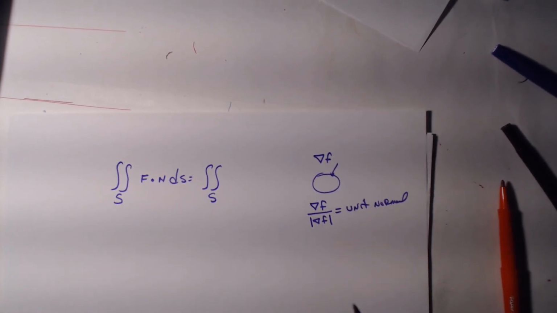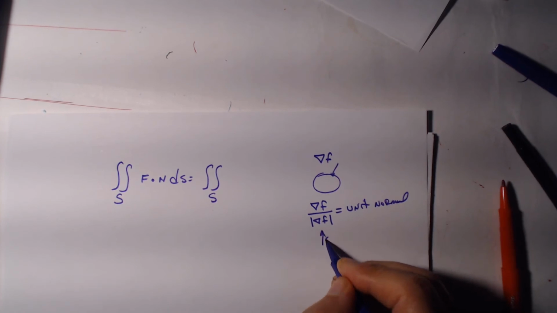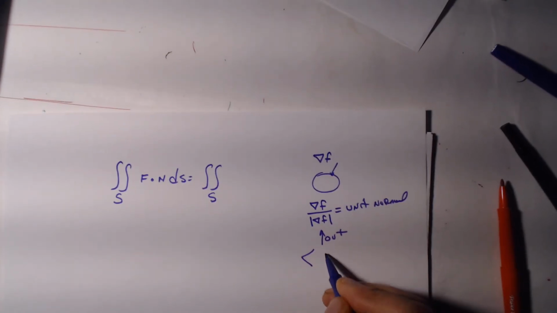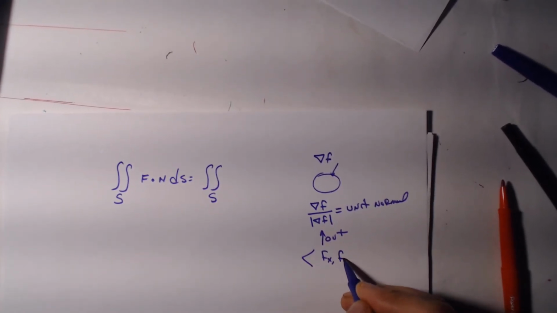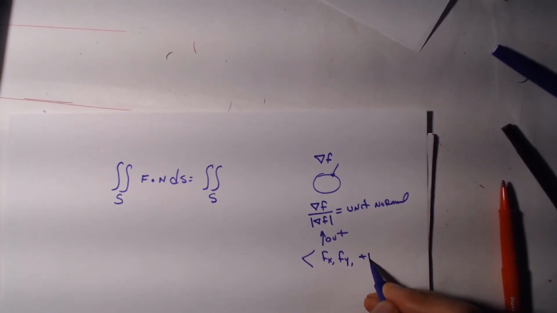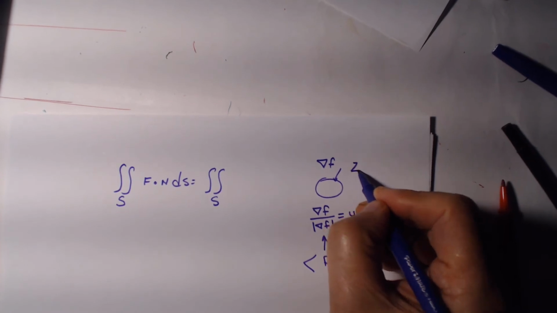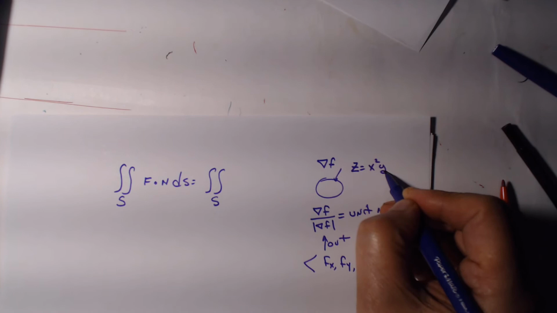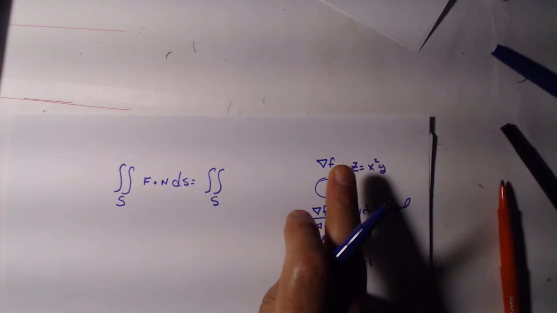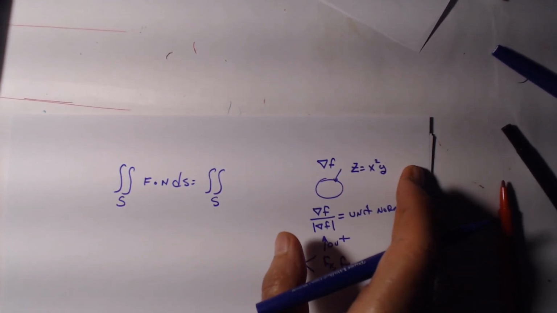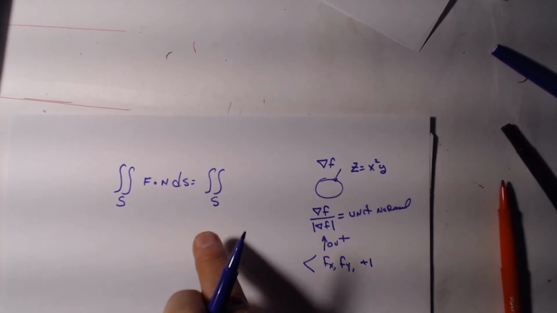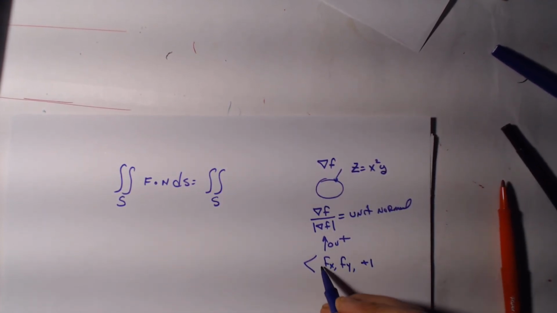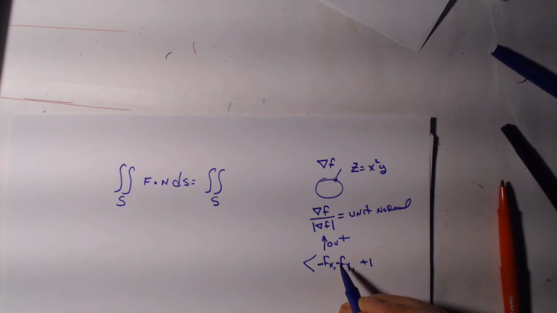And somebody said, what happens if it's flux out? Therefore, you have the partial derivative with respect to x, the partial derivative with respect to y, but this has to become a plus. Therefore, if your function is z equals x squared y, you cannot move the z to the other side because you're fluxing out. You have to bring those to this side. Therefore, that becomes negative, and that becomes negative, and that becomes positive.